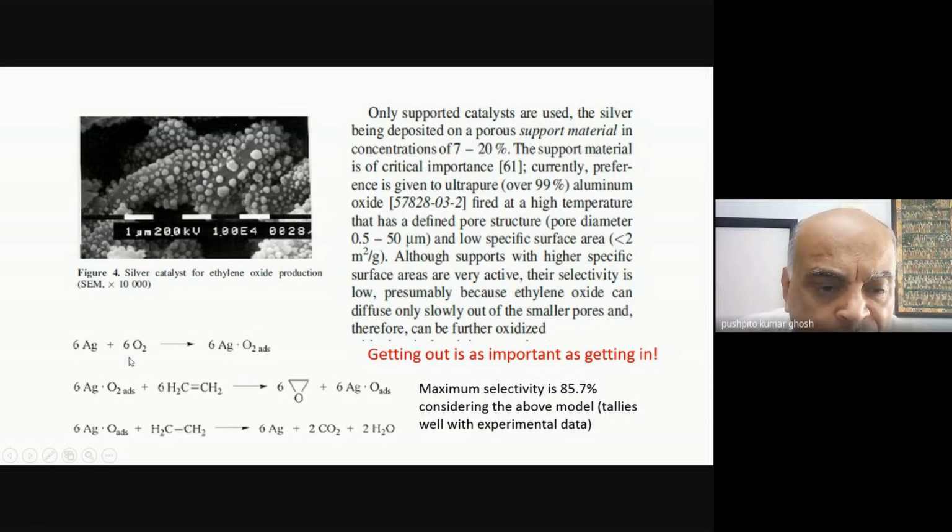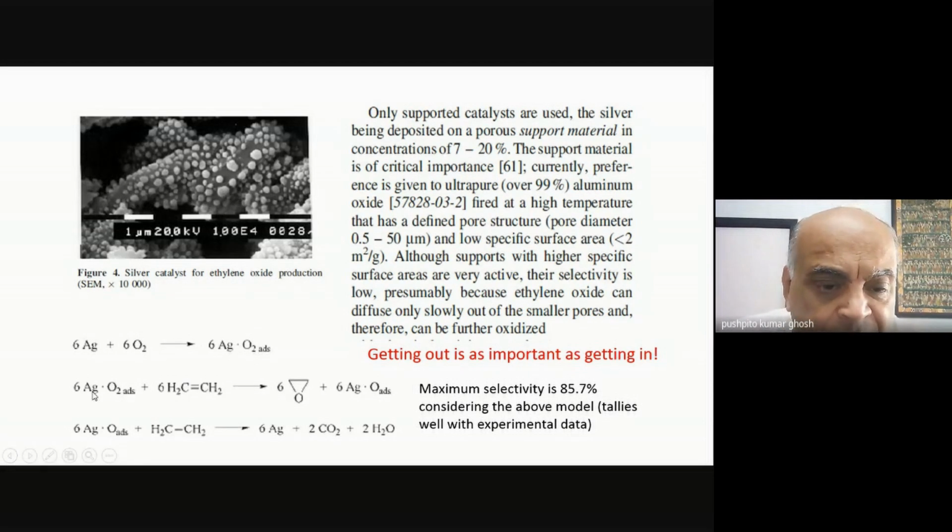The oxygen comes, and let's say you've got 6 silver and 6 of these O2s come, and you are just forming an interaction between the silver and the oxygen, and possibly what that interaction does is weaken the oxygen molecule, so that maybe it starts looking more like an oxygen radical. At least the oxygens have got spread out, it looks like.